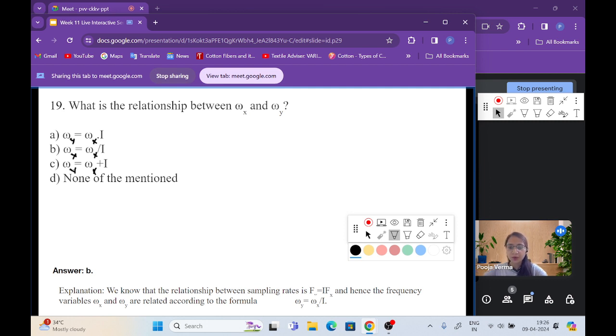So what is the relation between omega y and omega x in terms of interpolation or upsampling?